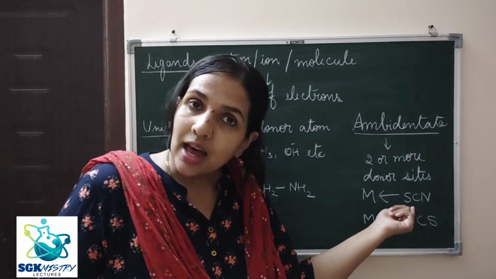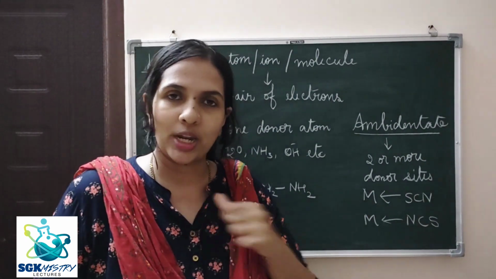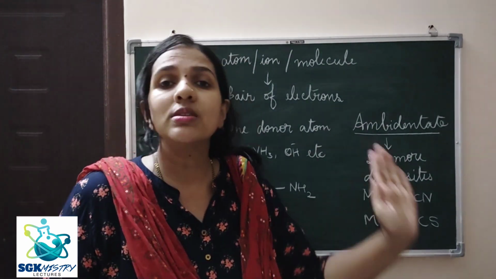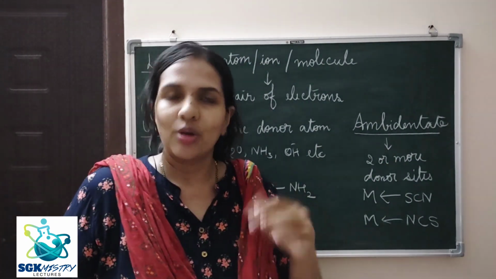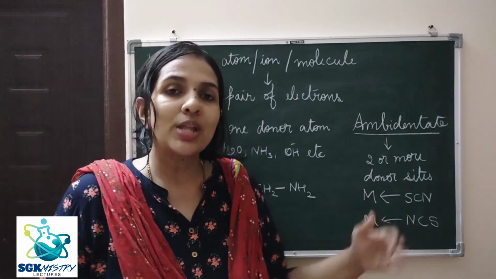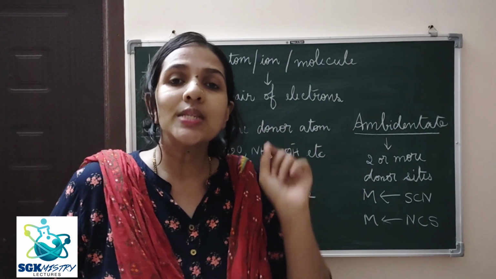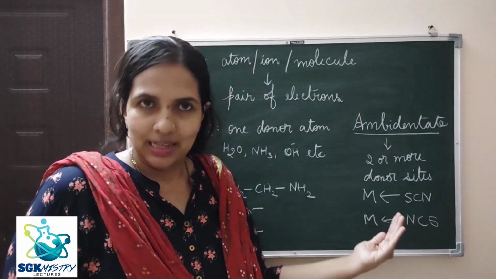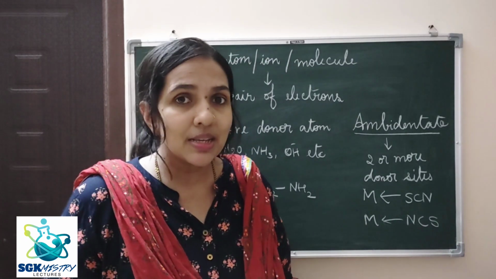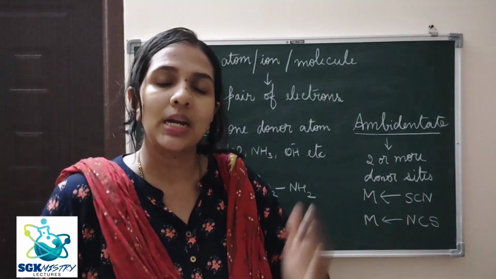Here, since sulfur is used for forming a coordinate bond with the central metal atom, we call this ligand thiocyanate. Thio is what we call sulfur. Here sulfur is used for forming the coordinate bond, so that's why we name this ligand thiocyanate. Here there is only a different arrangement of the atoms, but the atoms are the same, right? We have nitrogen, carbon and sulfur.